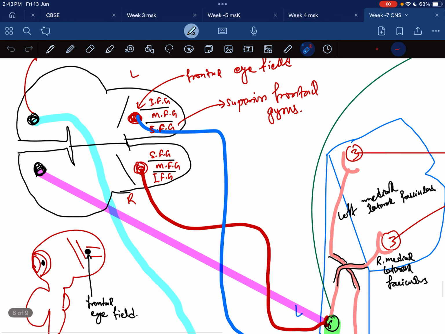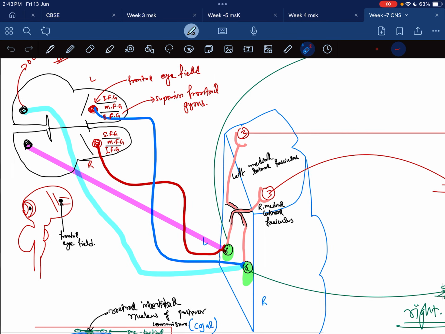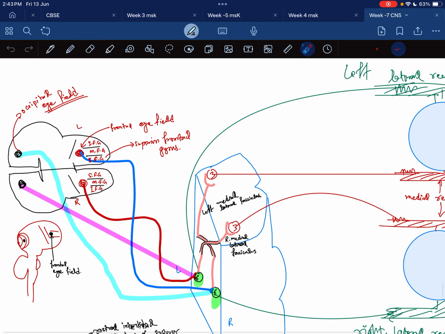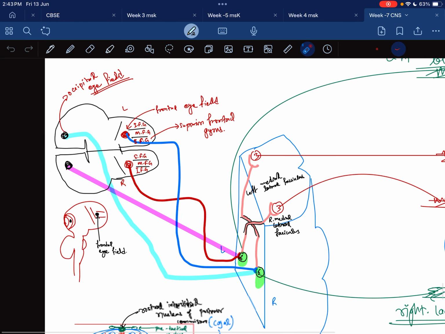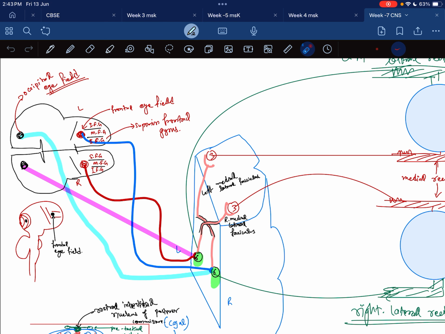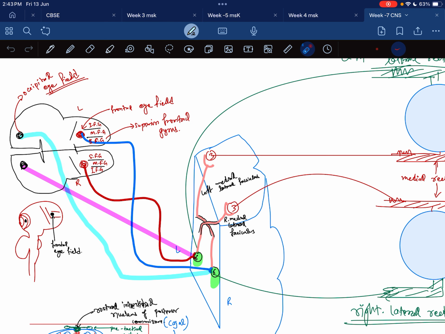When information comes to the occipital lobe, there is an occipital eye field. From the occipital eye field there are some fibers. These fibers go to the abducens nerve nucleus, and from the frontal eye field some fibers also go to this nucleus, and these are crossing.